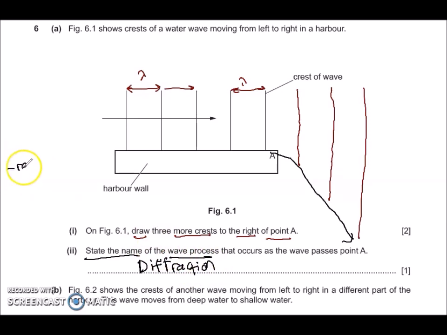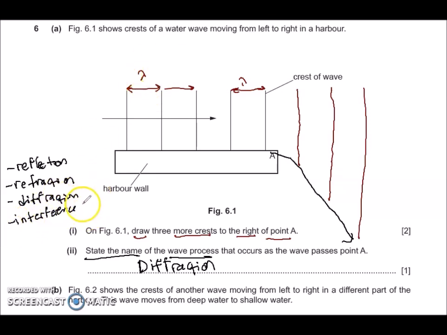One is reflection, another one is refraction, which is going through a different medium like glass to air, and then you have diffraction over here. Lastly, which is not much covered in the IGCSE exam, is interference. You can actually ignore this.